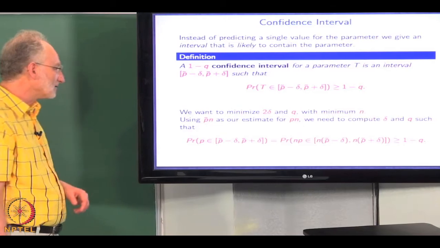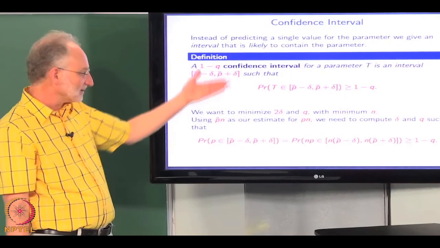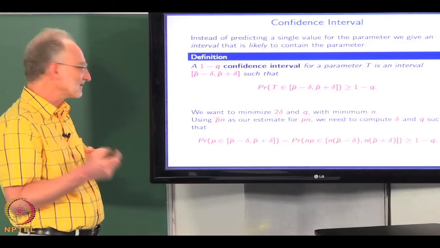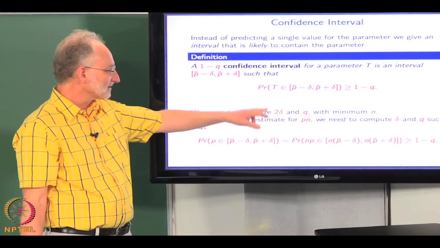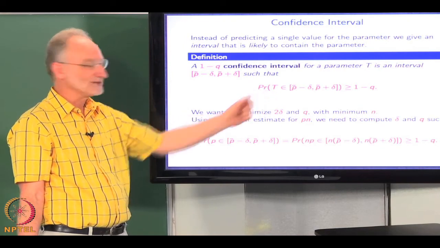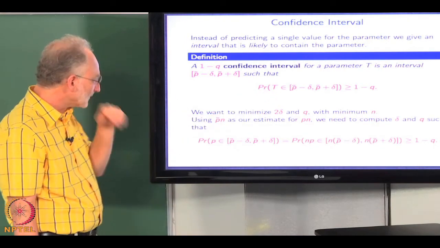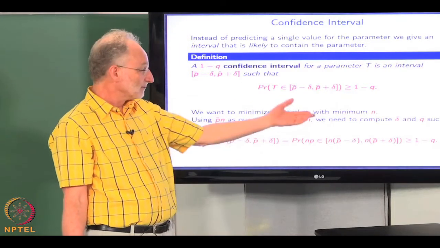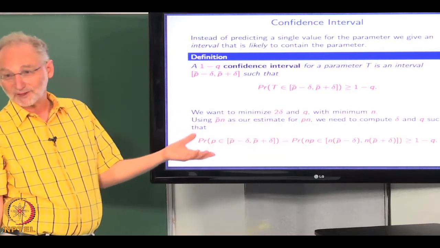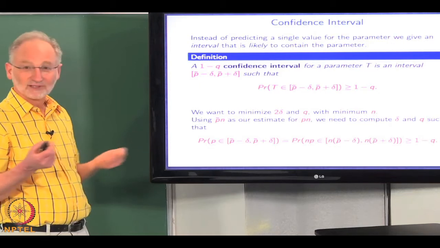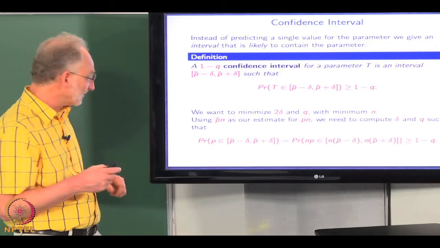Now we want to minimize. The real trick here is you have these three parameters you want to play with. You want to minimize the interval so that you have a meaningful estimate. You want to minimize the error probability, that's Q. And you want to minimize the number of samples, because that's what you pay for, that's the work. So the question is, how do you get the trade-off between them?